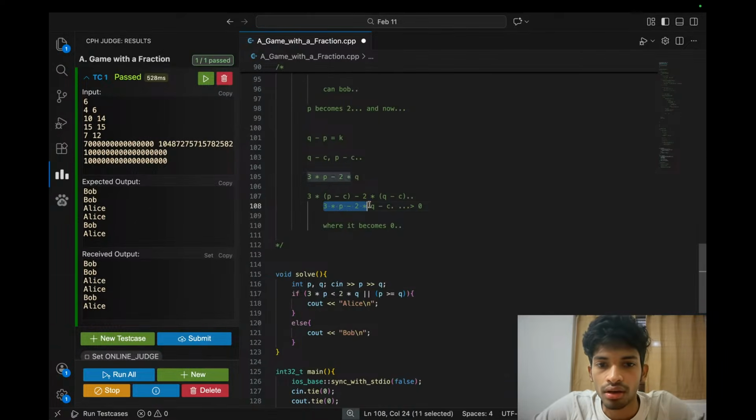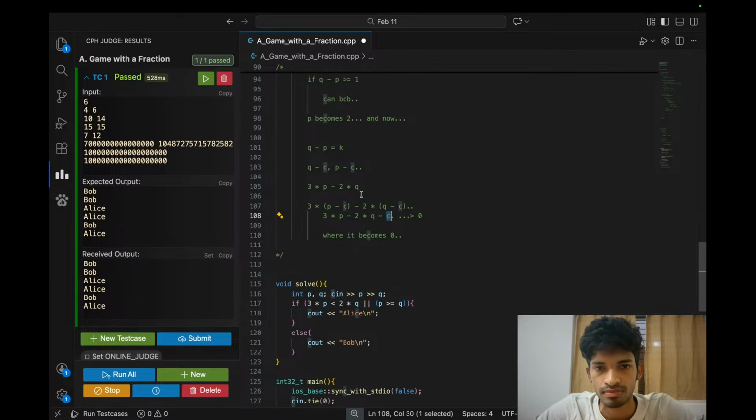But each one of them has this power, right? Each one of them has this power to do this thing.